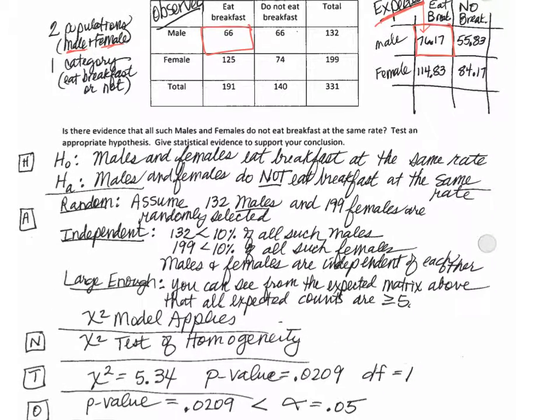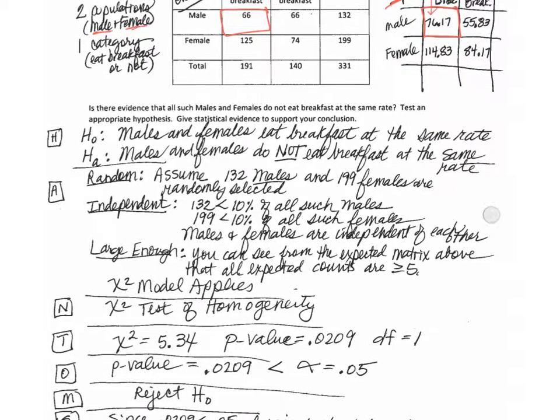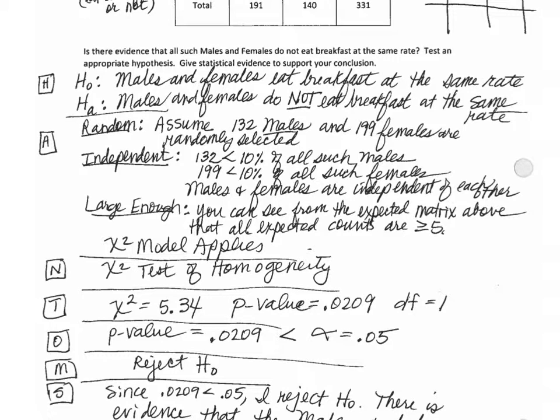So since I have two populations, make sure when you do your conditions, you're going through both populations. So here my null is that males and females eat breakfast at the same rate. My alternative is that the males and females do not eat breakfast at the same rate. And now look at my assumptions, please. Because this is about two populations, the males and the females, my assumptions are about both.